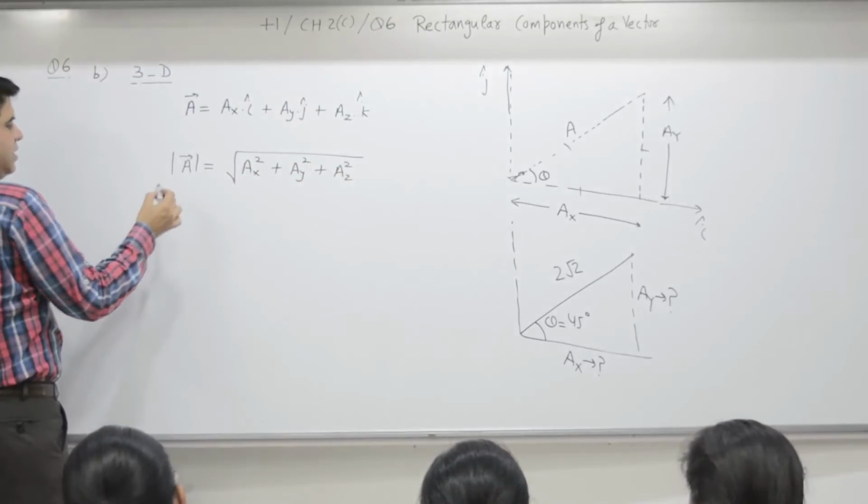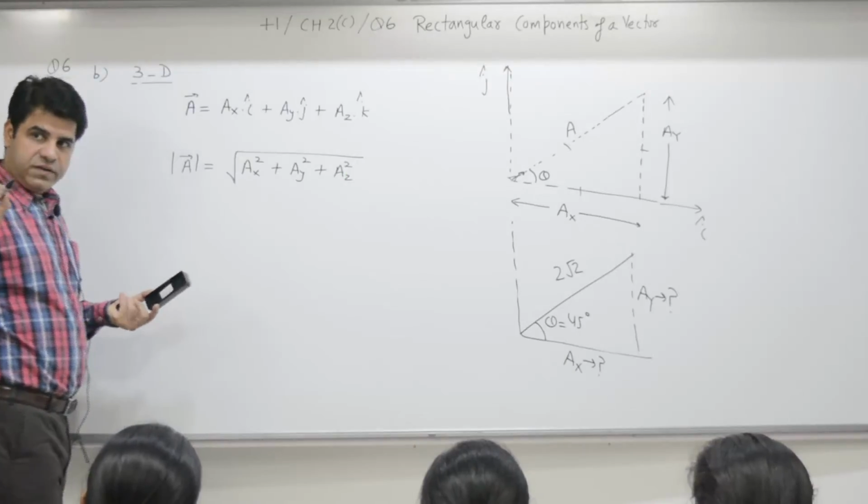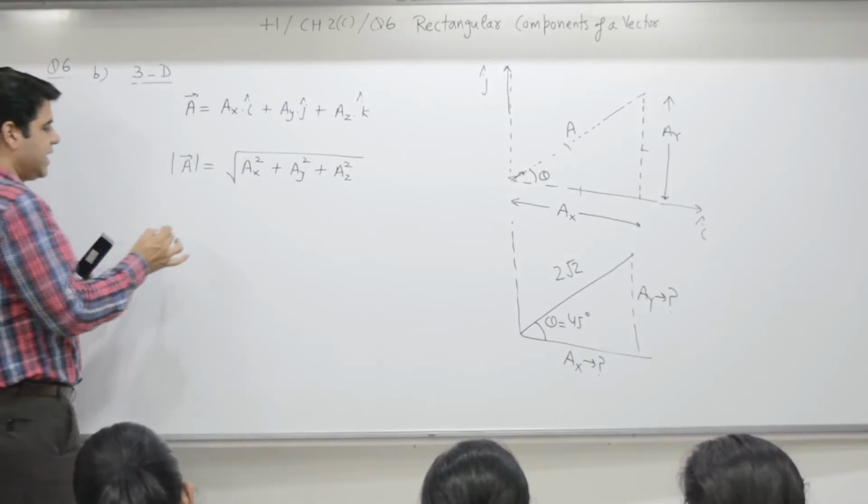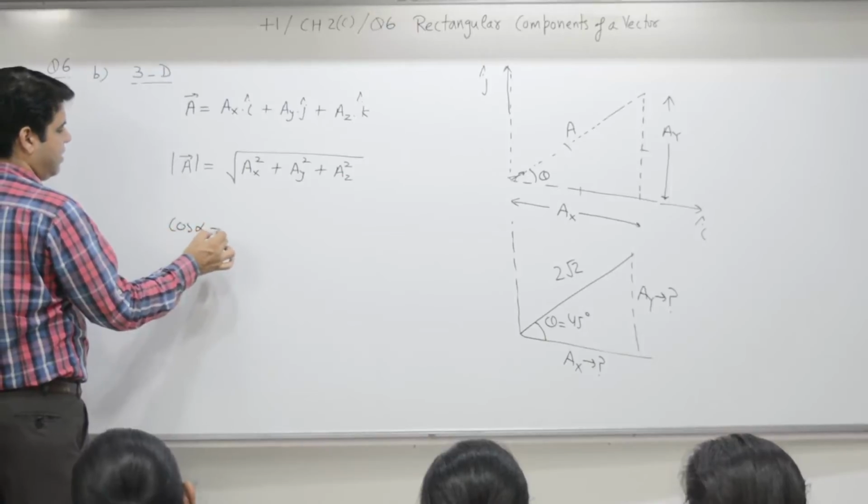This is 1. For mathematical purpose, not required in physics, direction cosines are defined as cos alpha.